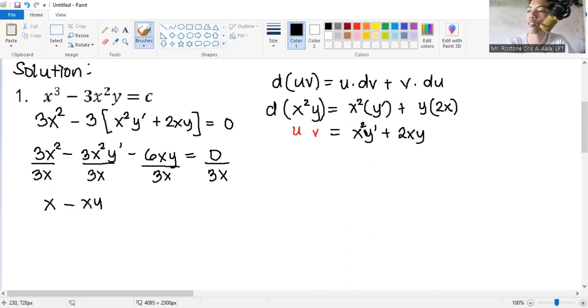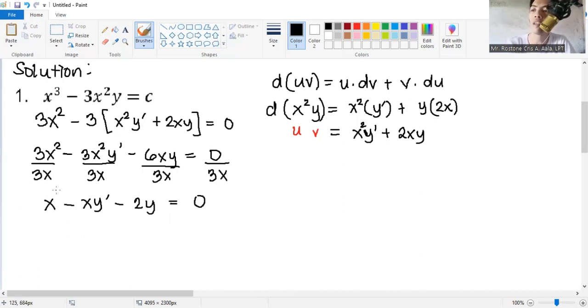So, minus xy prime. Then, we have here 6xy divided by 3x, that is negative 2y, then equals 0. So, actually, this is the differential equation that we are looking for.